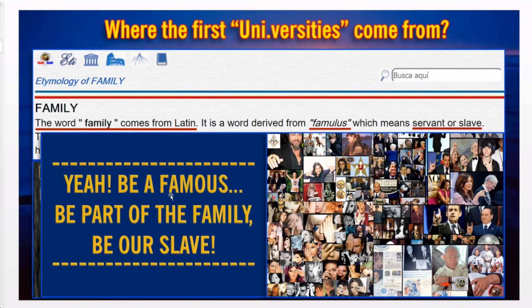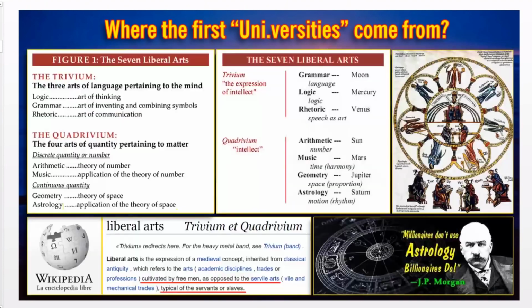Of course, this is the famous thing, all the puppets of the elite are famous, be part of the family, be part of the slavery system. And why do we have so much trouble understanding that? Because we don't receive the same educational system that the family members, the bloodline members of these elites have.